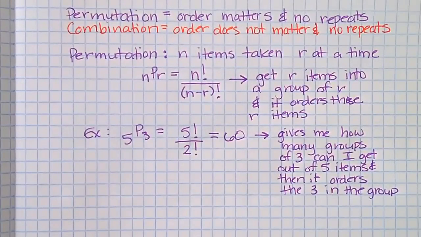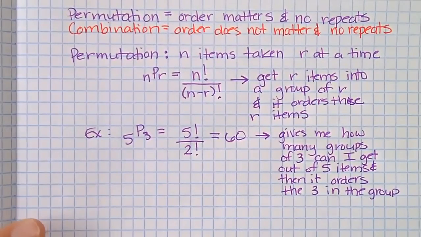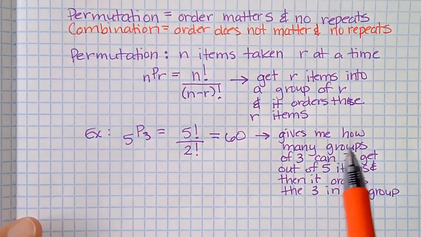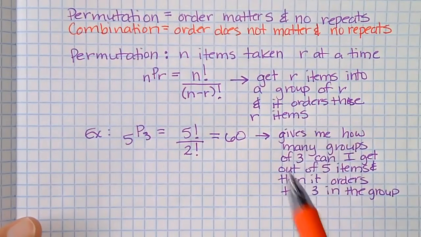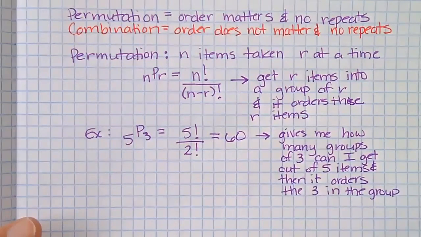Now, how a combination is different is, like a permutation, I'm going to get them into groups of r items, but I do not want the order of those r things.